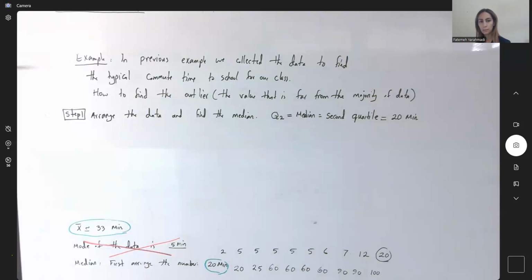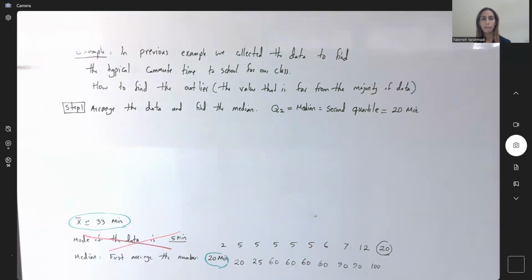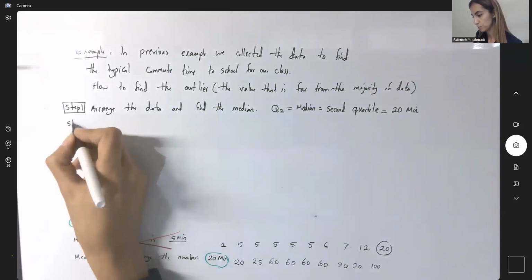In the second step, we're going to find the first quartile and the third quartile. Step 2.